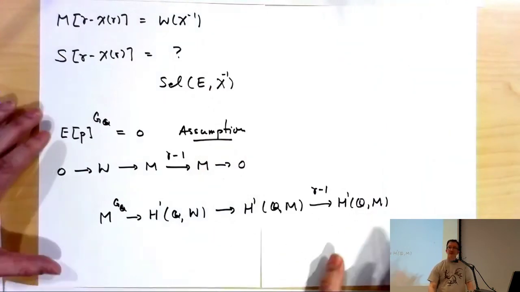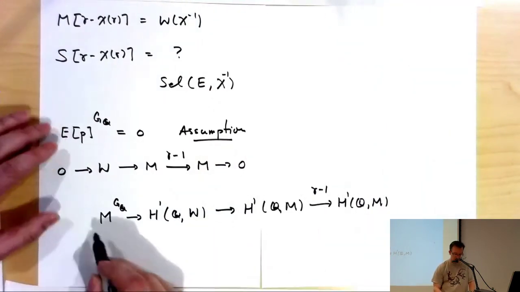And so we can shorten this piece of this long exact cohomology sequence.